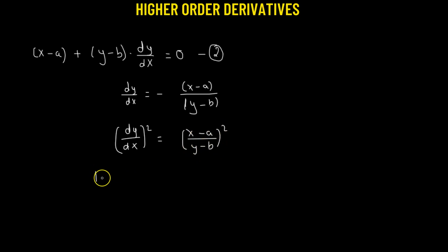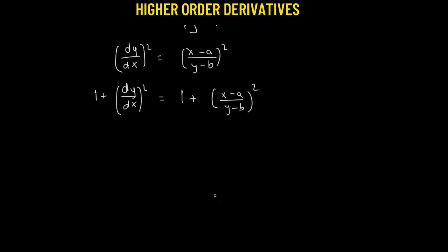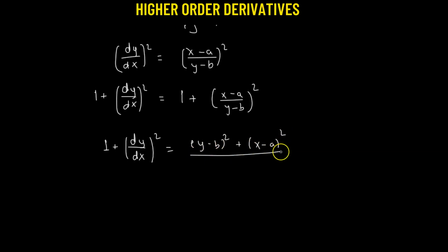Now let's add 1 to both sides. So 1 added to (dy/dx) squared equals 1 plus ((x − a) divided by (y − b)) squared. We'll combine the two terms on the right hand side. On the left hand side we have 1 plus (dy/dx) squared equals ((y − b) squared plus (x − a) squared) divided by (y − b) squared.